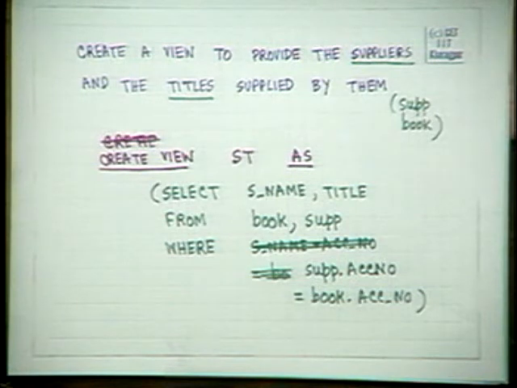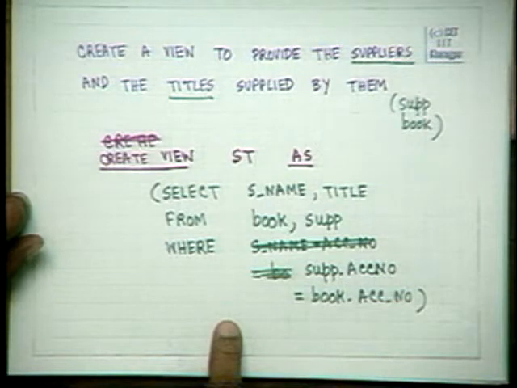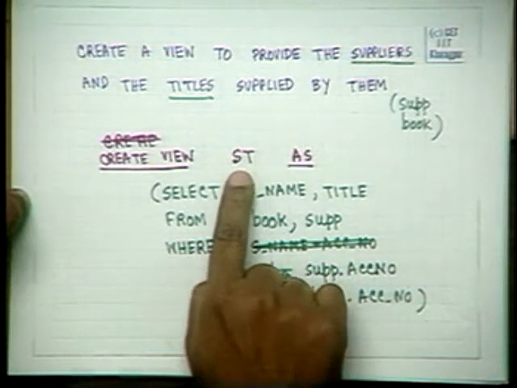Fill up all the new titles and the suppliers who have supplied them. Suppose you want to update through this, that is, you want to insert a new tuple based on this view.